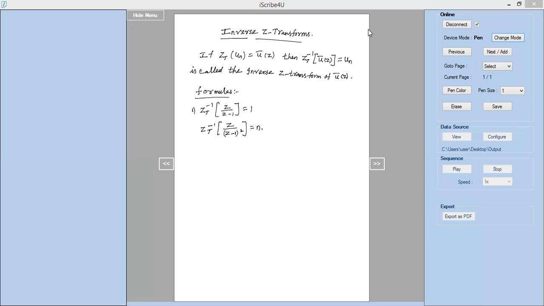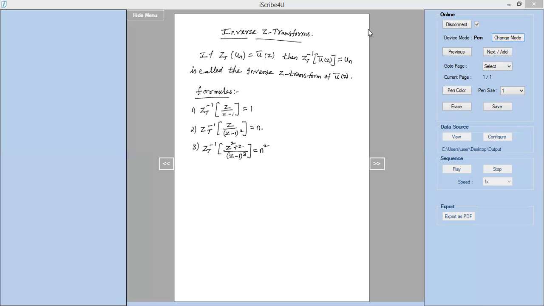Z inverse of z square plus z divided by z minus 1 whole cube equals n square.